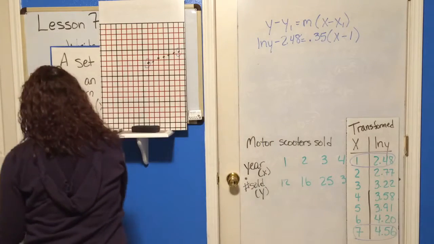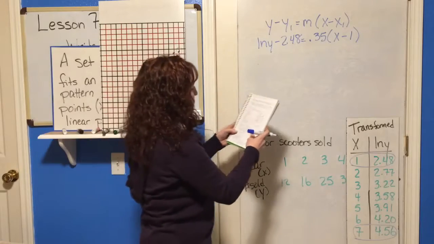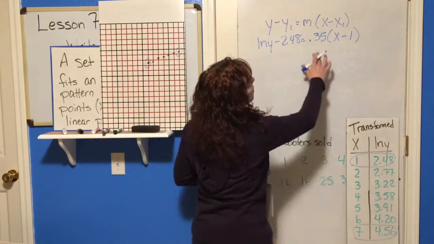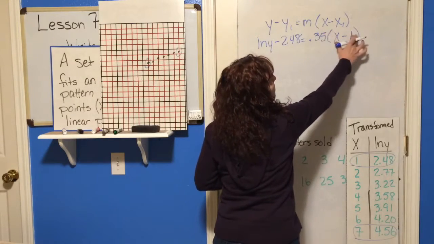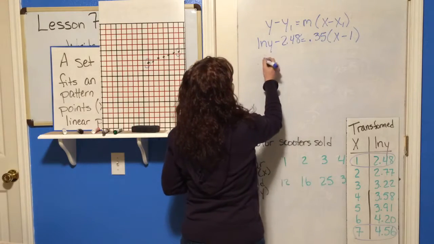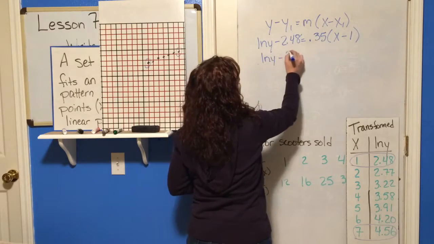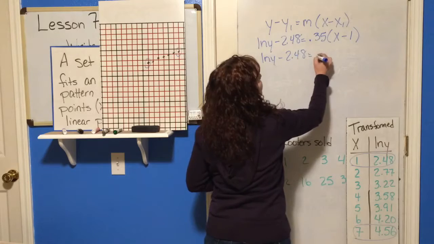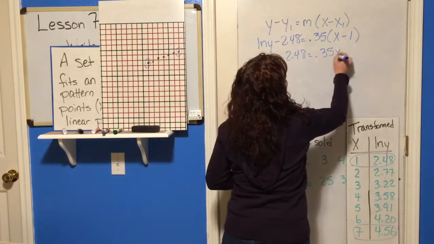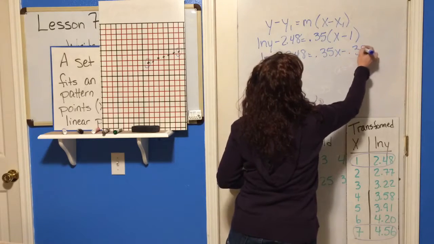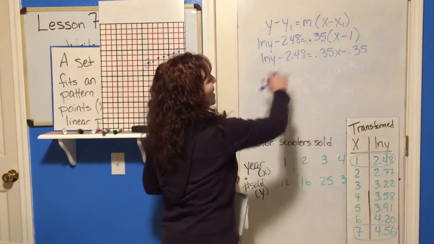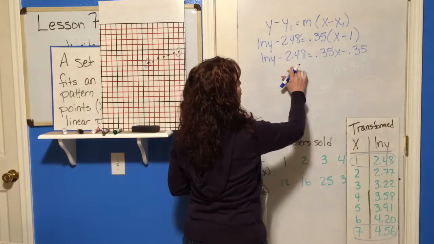So, oh dear, what did I do? All right, so what we're going to need to do first is this needs to be distributed through. So you're going to have the natural log of y minus 2.48 equals 0.35x minus 0.35. Distribute that through, and now you can combine some like terms.